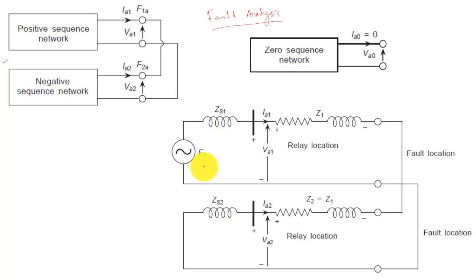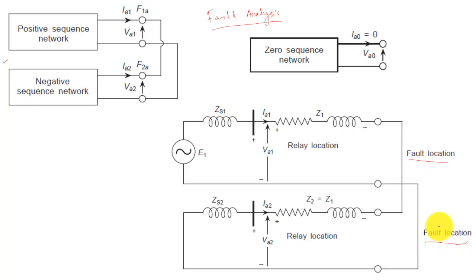U1 is the positive sequence EMF of the generator. Similarly, VA1 is the positive sequence terminal voltage, and VA2 is the negative sequence terminal voltage. IA1 and IA2 are the positive sequence and negative sequence currents respectively, and they are connected together, and this is your fault location.